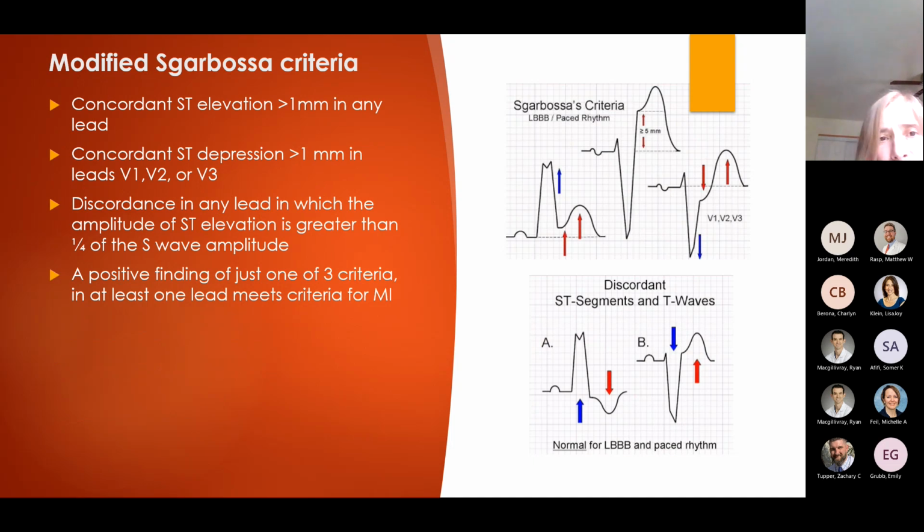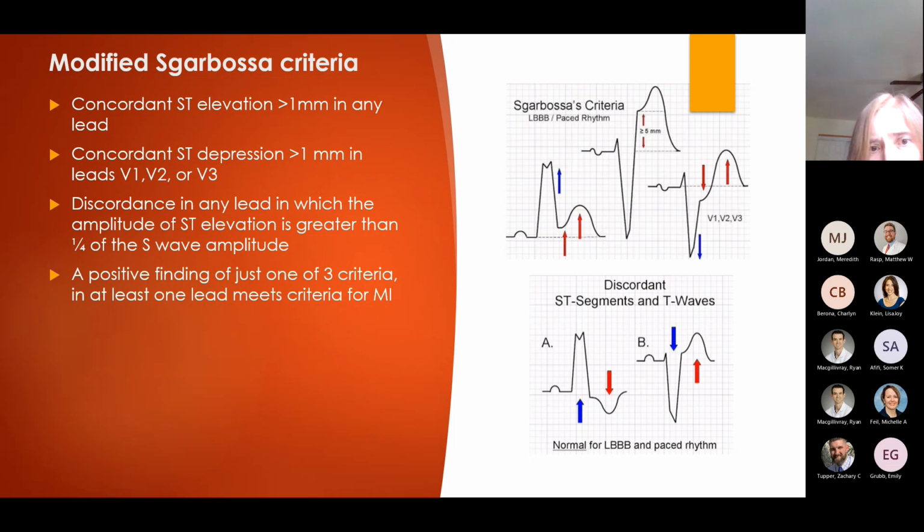So how do we diagnose MI in this patient? This is the modified Sgarbossa criteria, and you need one of these criteria to rule in MI. Concordant ST elevation, so elevation in the same direction, has to be at least one box in any lead.